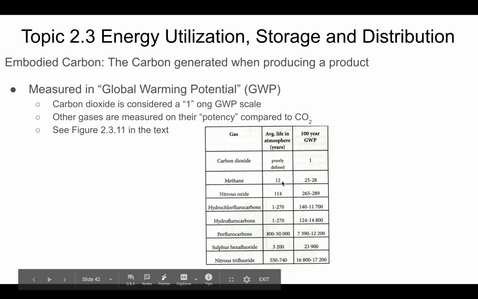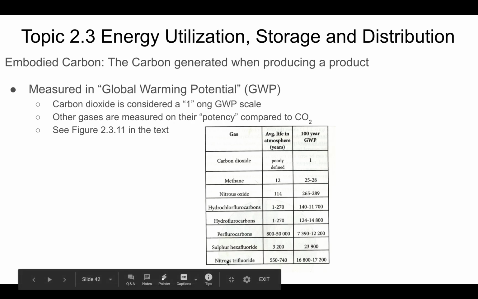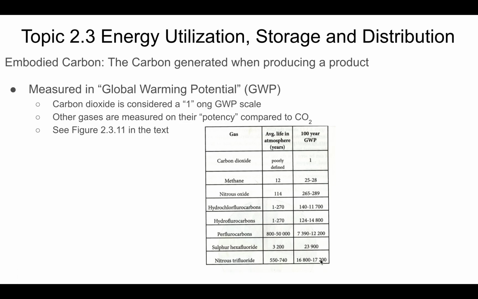So methane is basically, if you had 1 kilogram of methane, it would be worth 25 to 28 kilograms of carbon dioxide in its effect on global warming, on its global warming potential. As you go down the list here, this nitrous tetrafluoride, which I have no idea what it is, but it's potent.